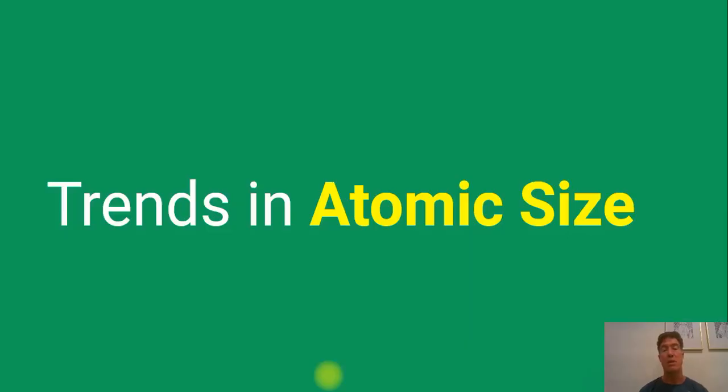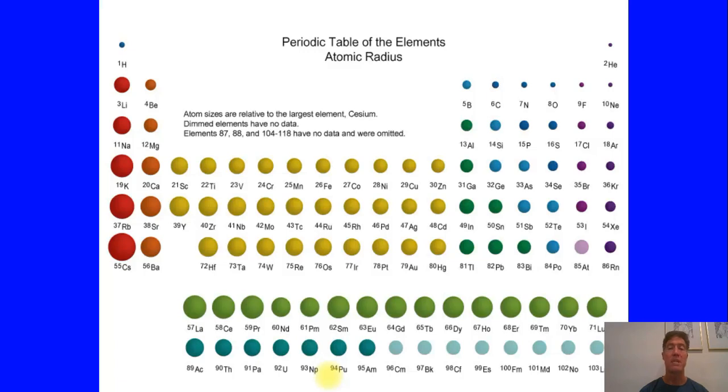So we'll take these one by one, trends in atomic size. As I mentioned before, if you look at atomic radius, they start out big, and as you go across the same shell, adding more and more protons, the electrons get pulled closer and closer until you get to a full p shell, 3p6 in this case. This is 2p6.